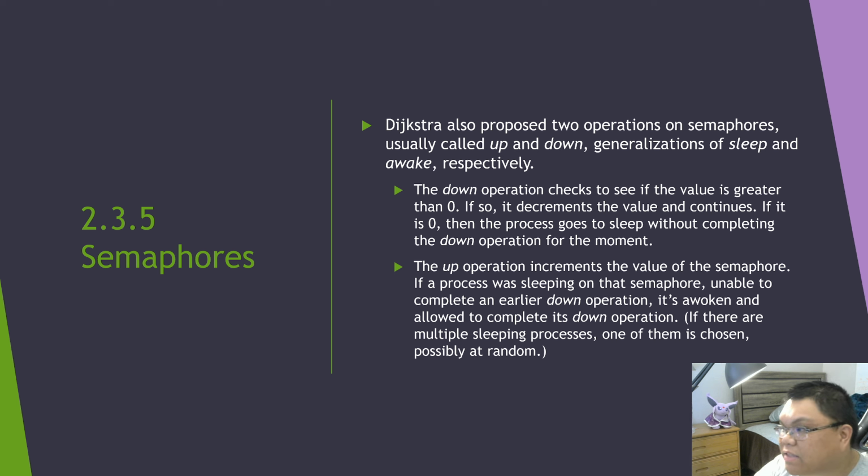If so, it decrements the value and continues. If it is 0, then the process goes to sleep without completing the down operation for the moment. The up operation increments the value of the semaphore. If a process was sleeping on that semaphore, unable to complete an earlier down operation, it's awoken so it can complete its down operation. And if there are multiple sleeping processes, then one of them is chosen to wake up.